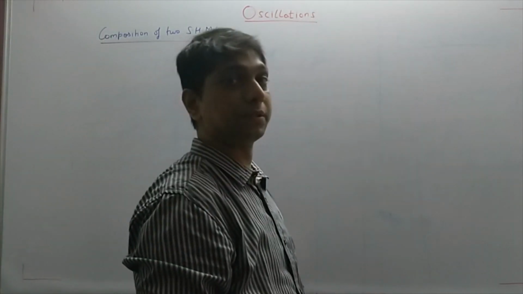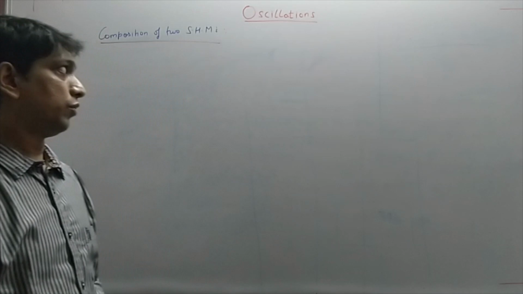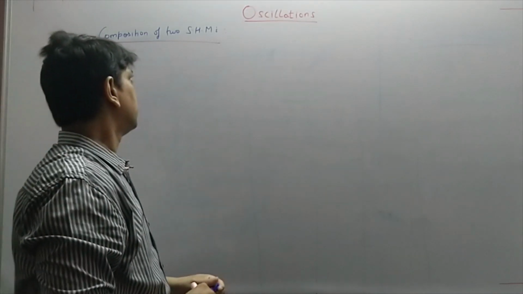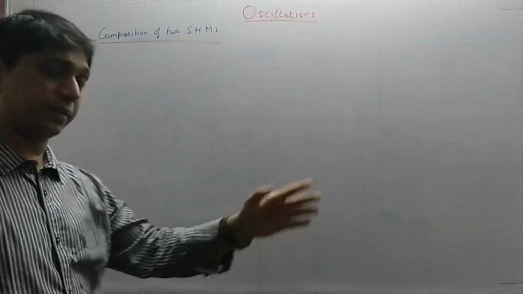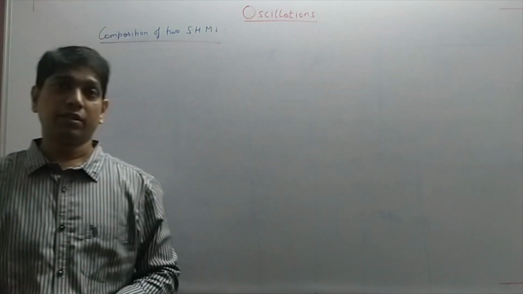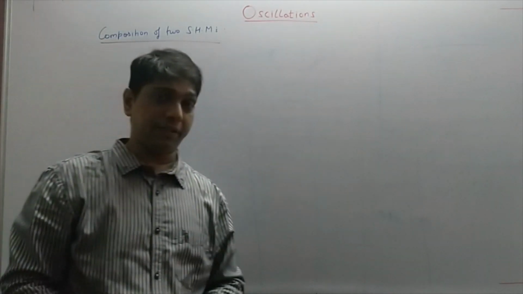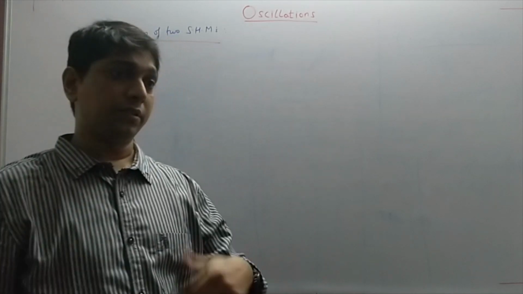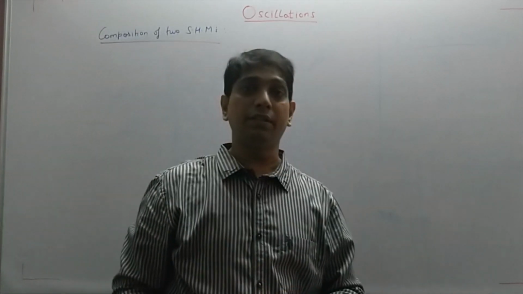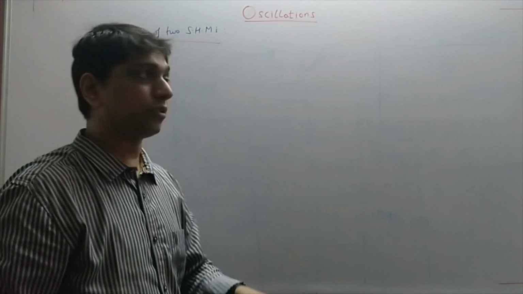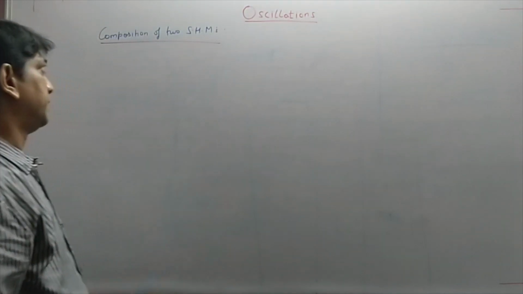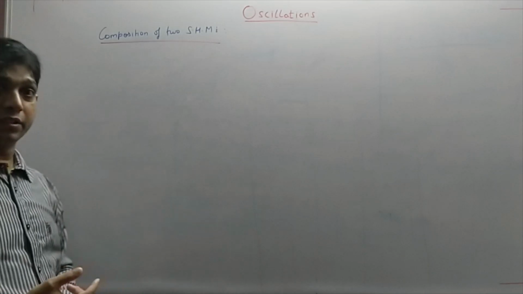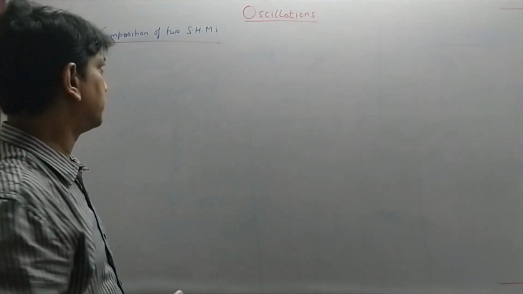When two particles perform linear simple harmonic motion along the same path with different amplitudes and the same time period, the resultant displacement is due to the superposition of the two linear simple harmonic motions. What will be the amplitude of the resultant displacement and what will be its phase?